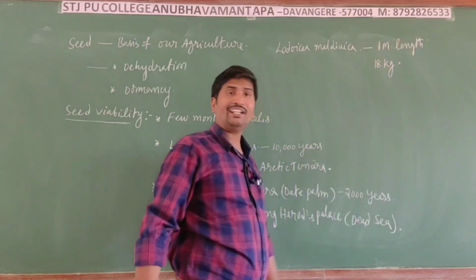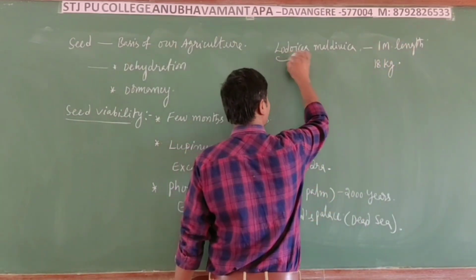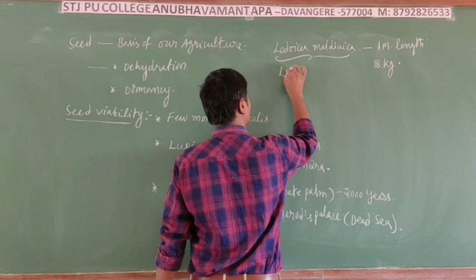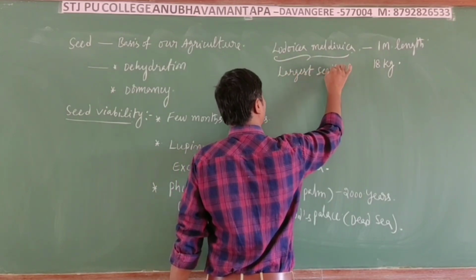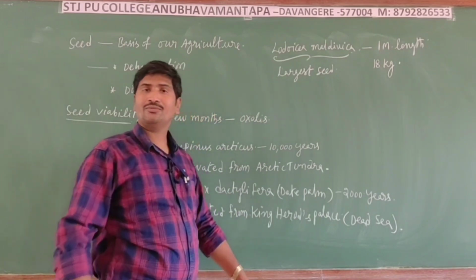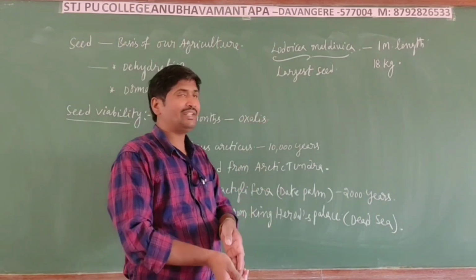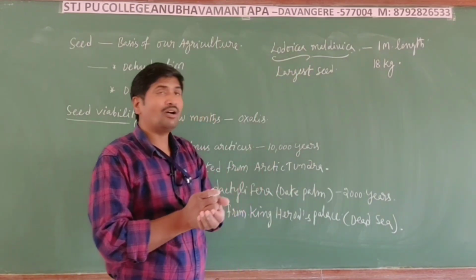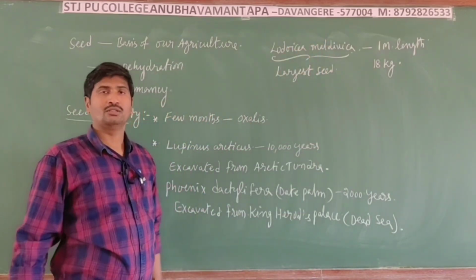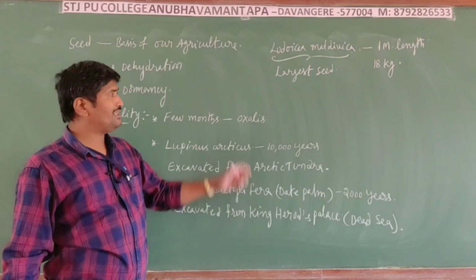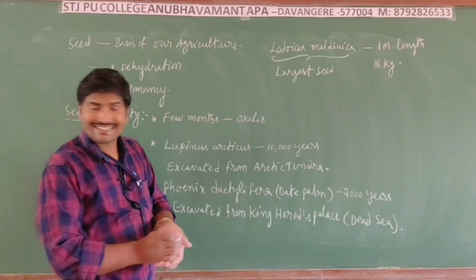See here, it is the largest seed. What is the name of the largest seed in flowering plants? That is Lodoicea maldivica. Lodoicea maldivica is the largest seed.